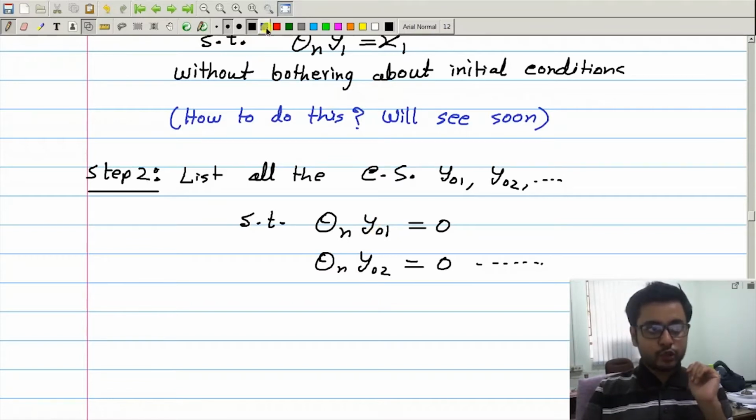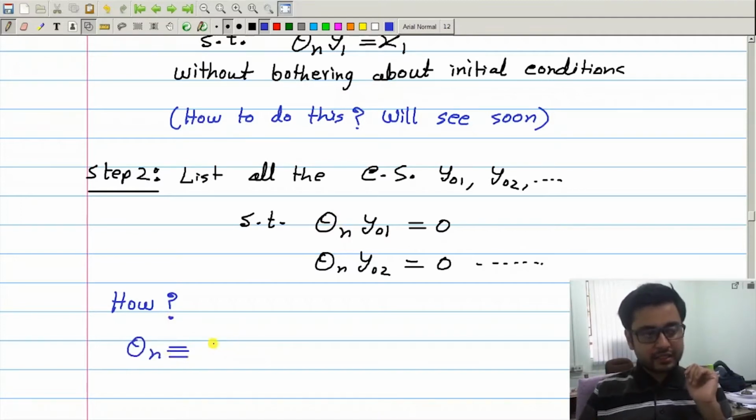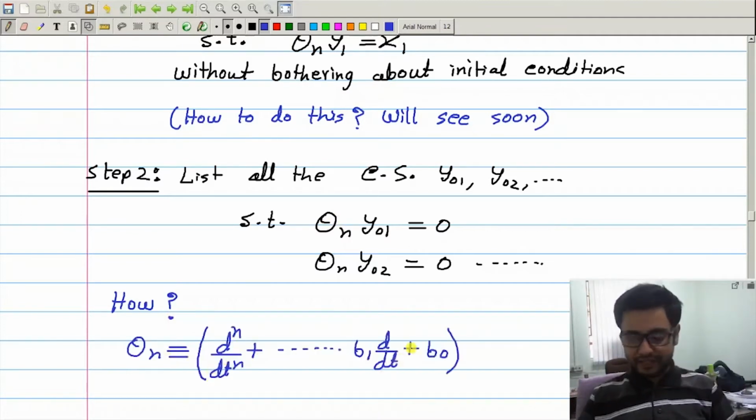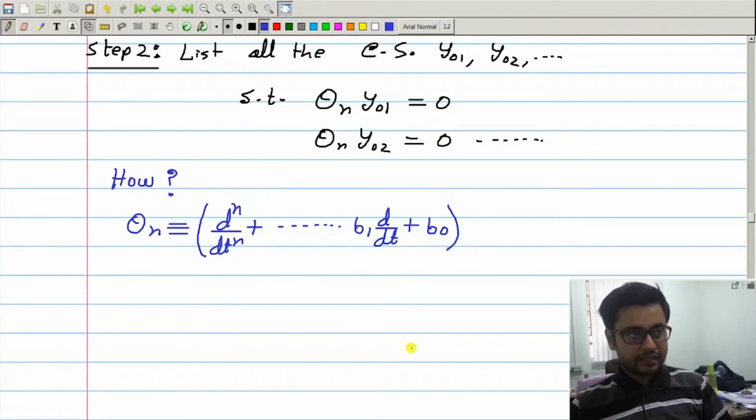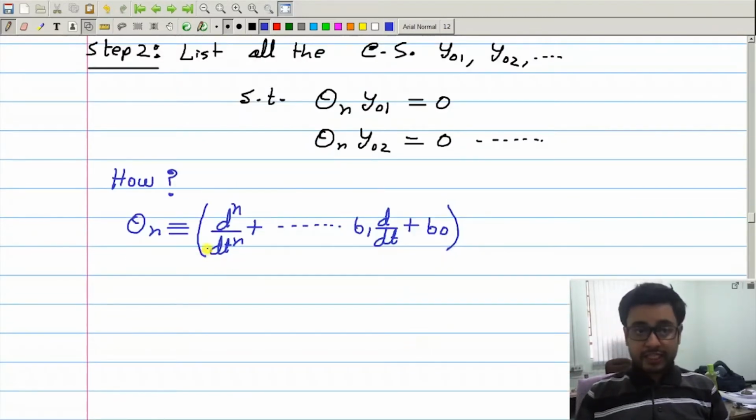That is what we have seen yesterday. Let us recall that L is the same as this operator. Yesterday we learned how to factorize this operator.